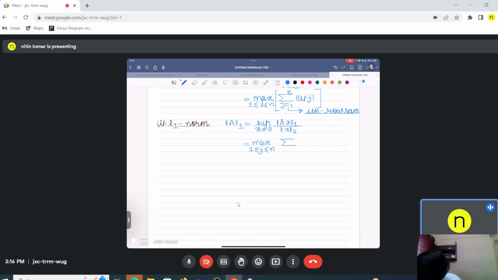Here we need to take the maximum over the column sum, the jth column sum.